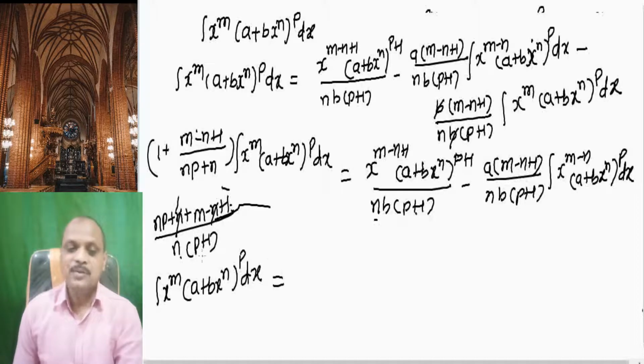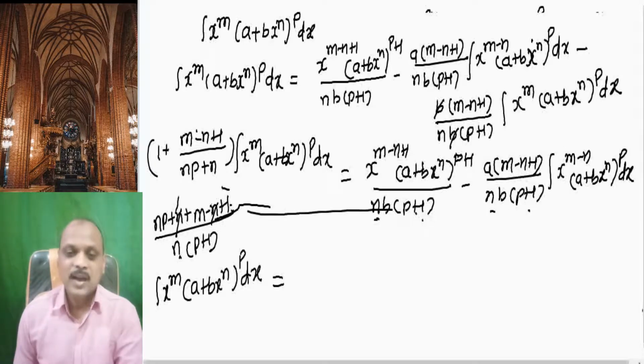I hope you have got this concept. We have taken the LCM, then the common term is n into p plus 1, which we are cancelling, and then in the multiplication we have np plus m plus 1.